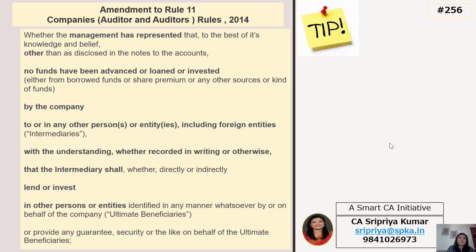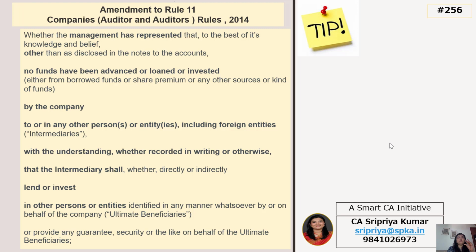Who are those other persons or entities? Those identified by or on behalf of the company, who is the ultimate beneficiary, or provide any guarantee, security, or the like on behalf of the ultimate beneficiaries.